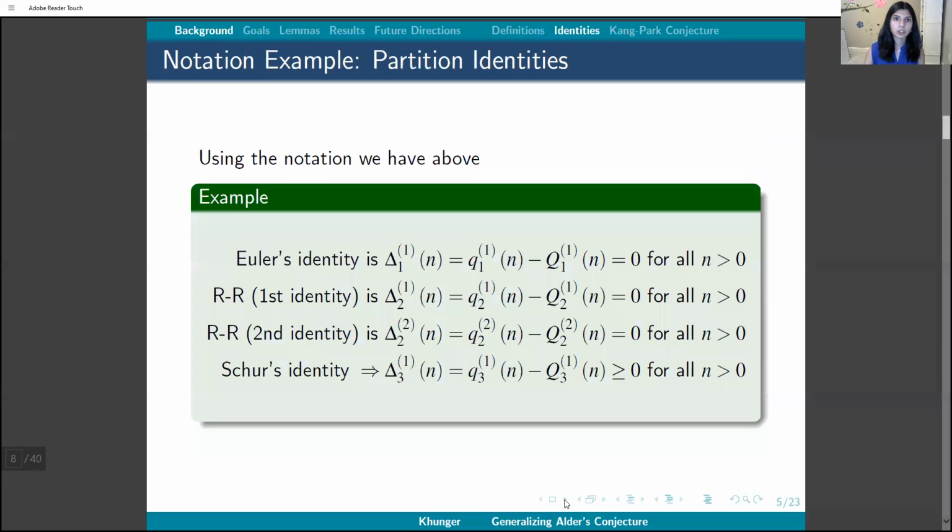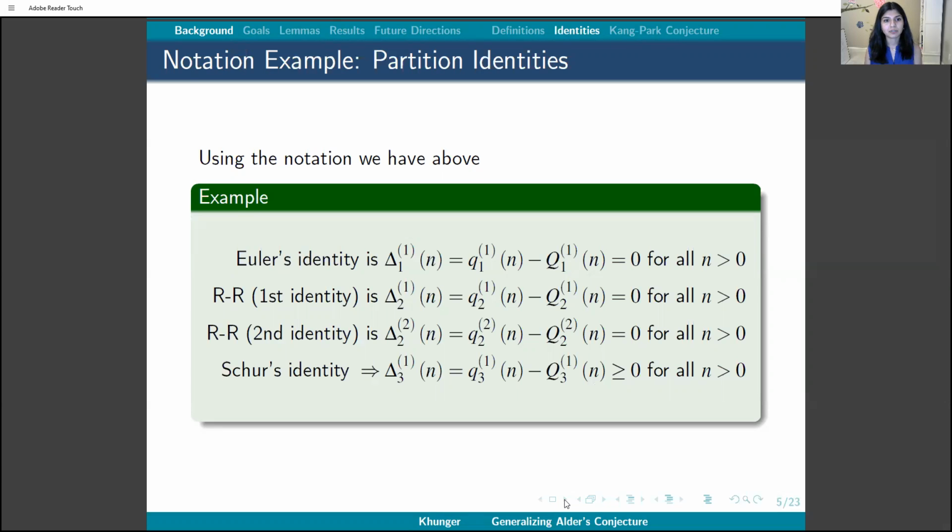Let's look at some important partition identities where this delta function has popped up. First, you may have heard of Euler's identity, which says that the number of ways to partition n into odd parts is equal to the number of ways to partition n into distinct parts. The way to succinctly state this is that delta sub 1 of n is equal to 0 for all n.